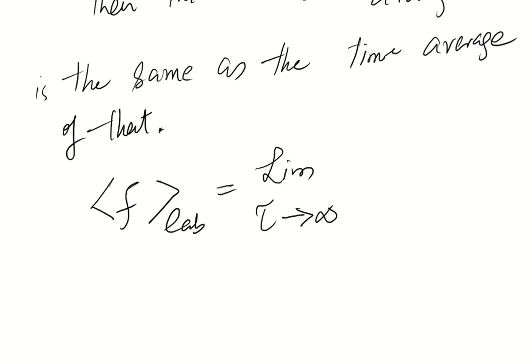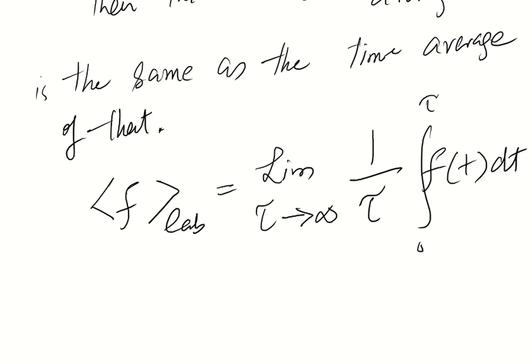We have taken those measurements for a sufficiently long time, and it is 1 over tau, integral from 0 to tau of f of t dt. This is the time average formula we normally use, and this time average is equal to the ensemble average.